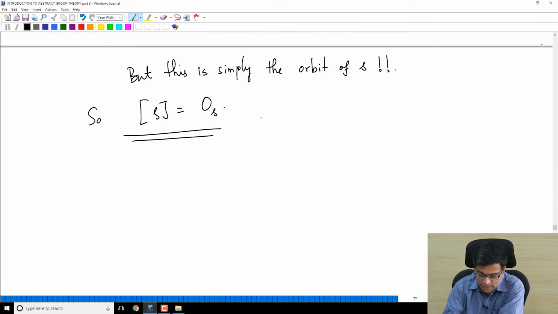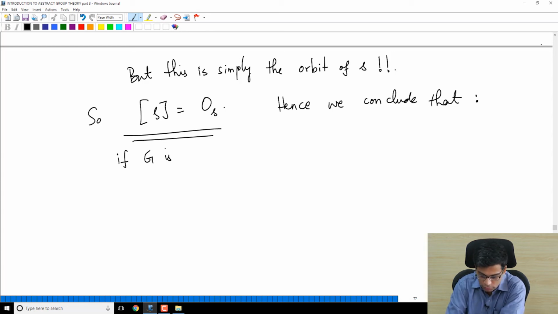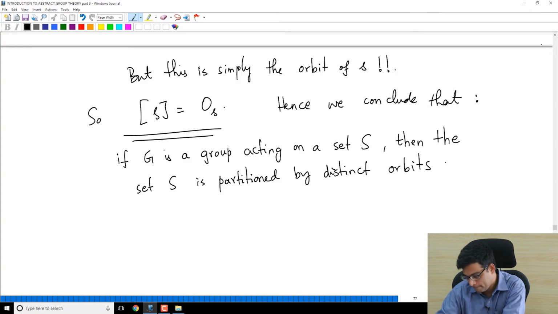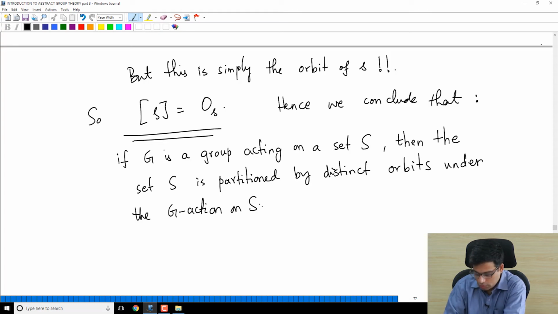So we conclude, after all this, that the setup is: if G is a group acting on a set S, then the set S is partitioned into the distinct orbits under the G action on S. Okay, so this is an elaborate sentence, but it is the conclusion of what we have done so far.